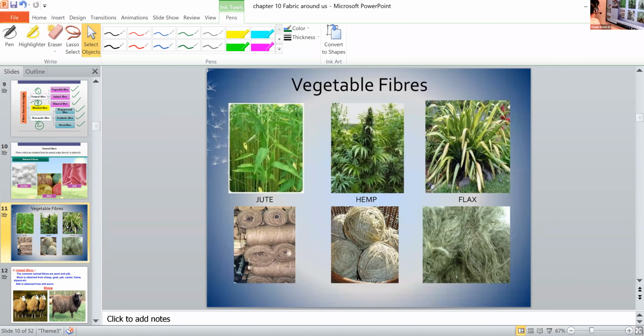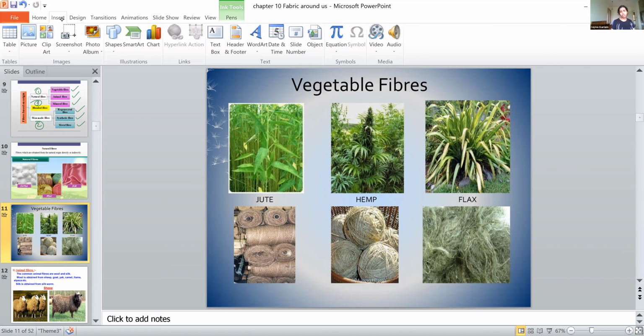Then, what is a vegetable fiber? Do you know, Reena? What is a vegetable fiber? Jute. What do you mean by vegetable fibers? You can see jute, hemp, flax, and all. From plants.